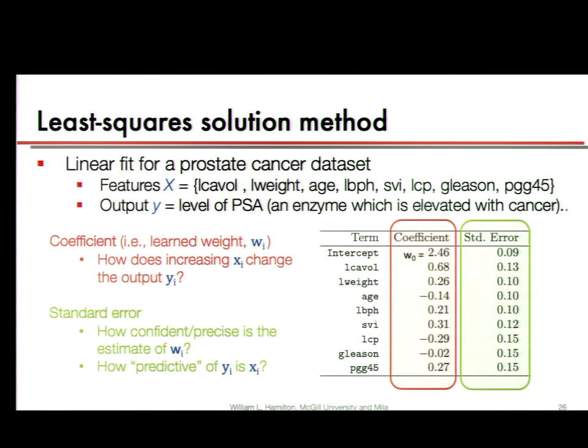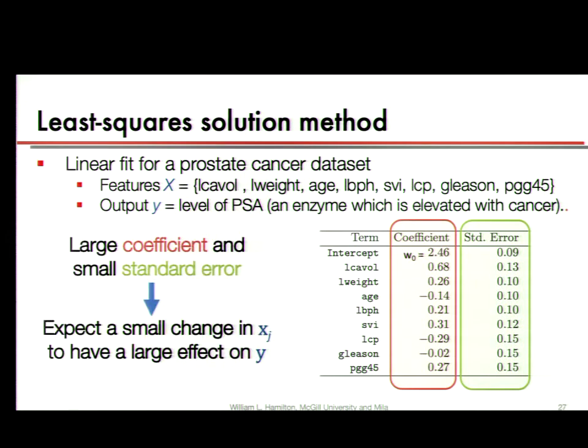So this tells us how predictive of the output a particular feature is. What this means is that if we have a large coefficient, a large estimated value for one of these parameters, and a very small standard error, this means that we expect a small change in this feature value to have a really big impact on the output.